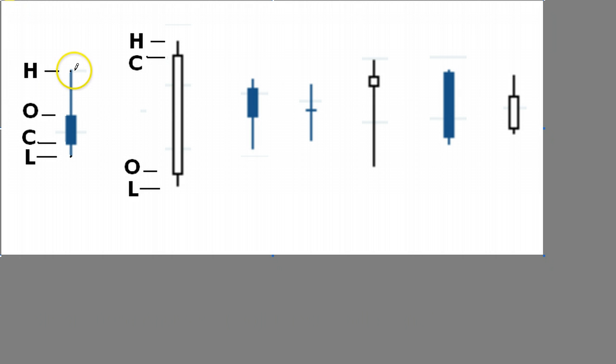You can see the entire length of the candle and the stick formation and then the body formation. If the close price is lesser than the open price, then the candle will be shaded dark or in red, indicating it was a negative candle, and this is a positive.